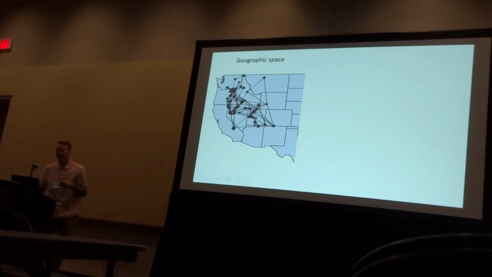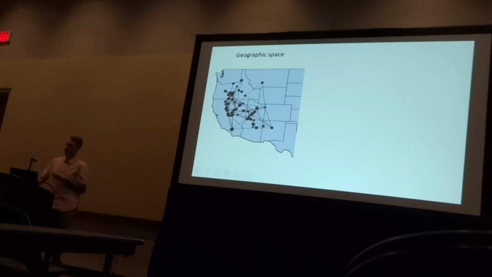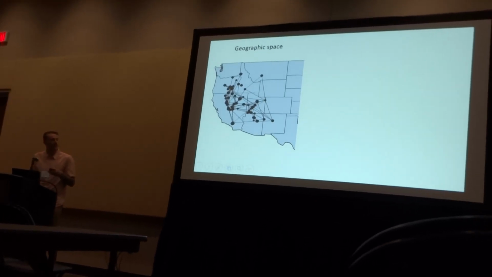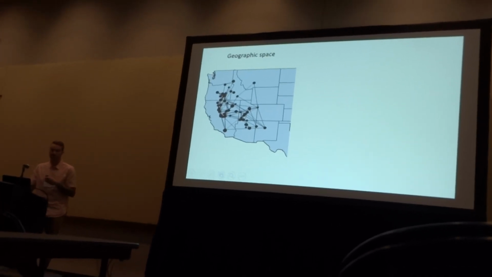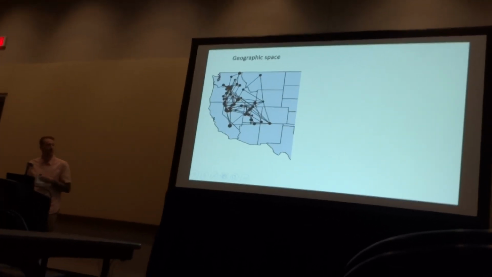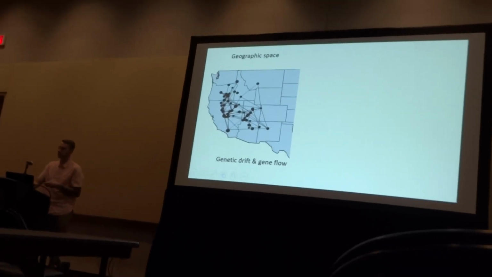All right, so as populations begin to move across the landscape, experience different demographic changes, say something like population expansion, they experience new and novel ecological and environmental factors, and are influenced by things like genetic drift and gene flow.